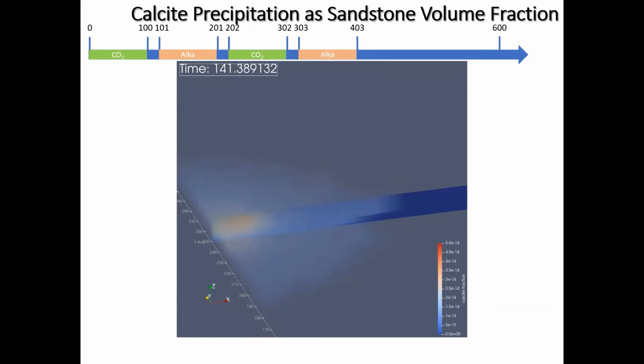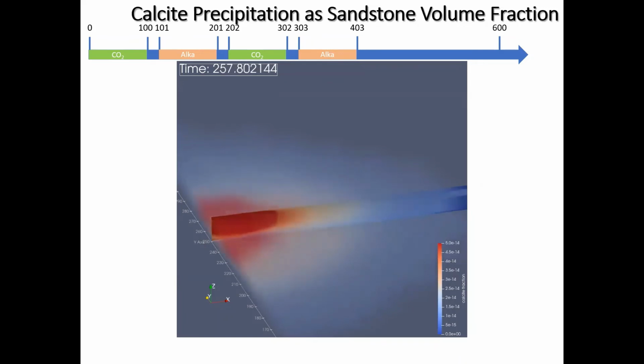Now, what you can observe is that in the period of time where we're injecting the highly alkaline water, we see a greater rate of precipitation of calcite. What you're seeing here colored is calcite fraction, the volume fraction of the reservoir that is calcite mineral, precipitated solid phase calcite.